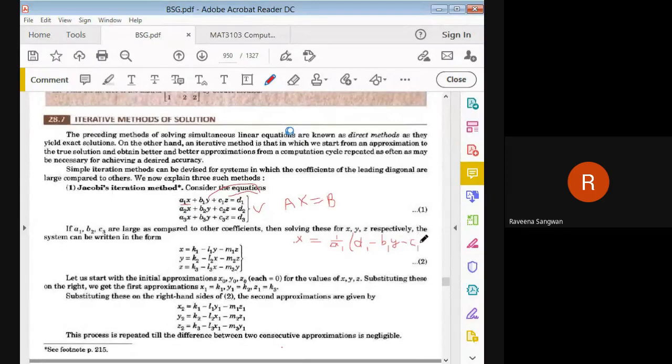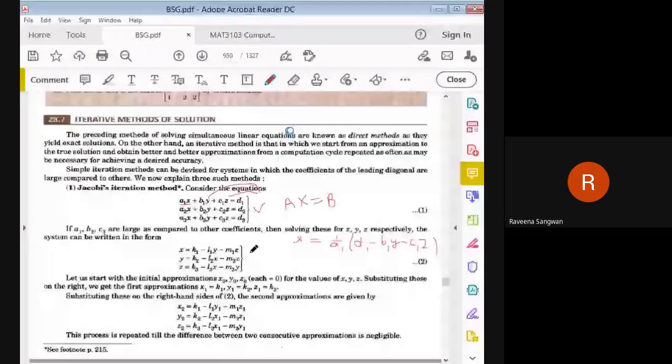As d1, b1, c1 and a1 are constants, d1/a1 we assume here is k1, b1/a1 is l1, and c1/a1 we assume as m1.